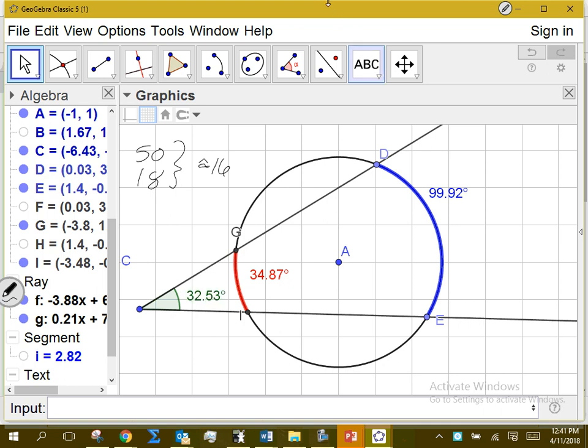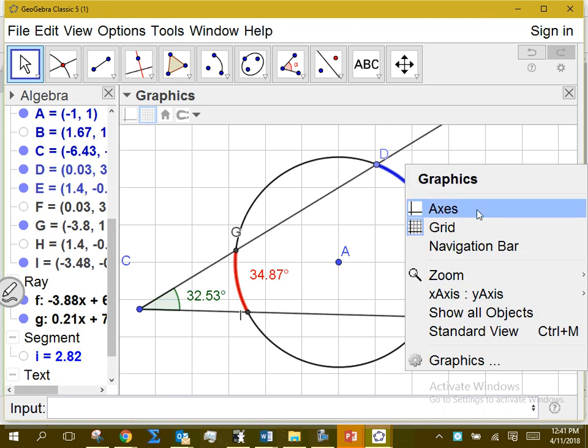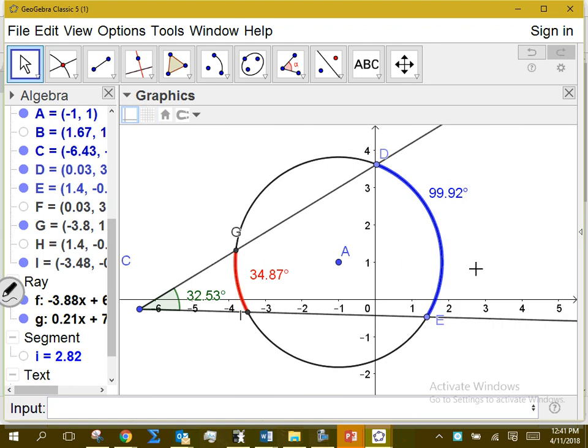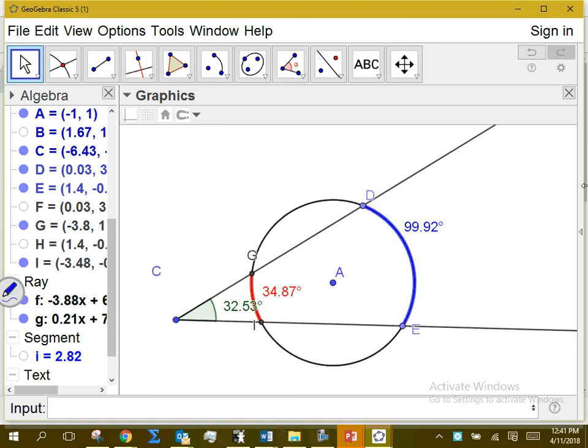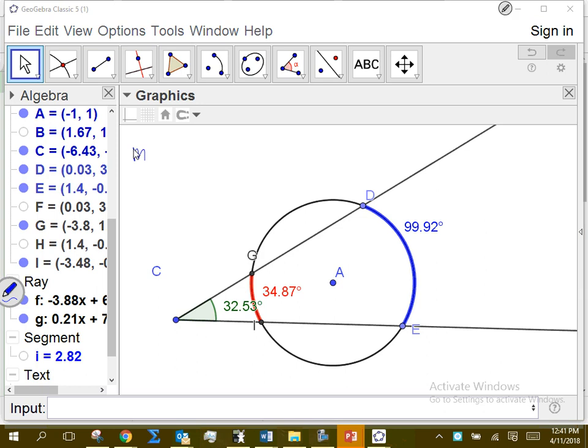Okay. So I think what we're seeing here is a relationship that says, when we have this angle on the outside, and we'll talk about what we refer to that as in a moment, the measure of angle C out here is equal to one half.